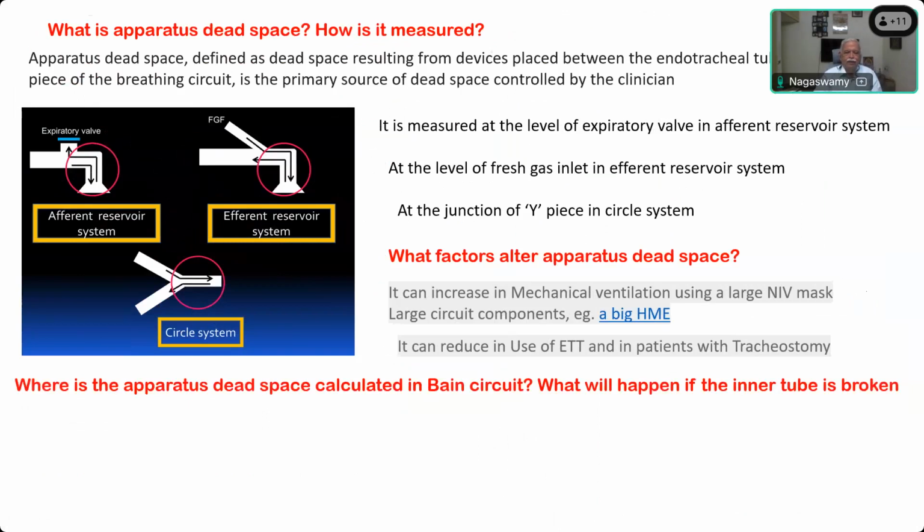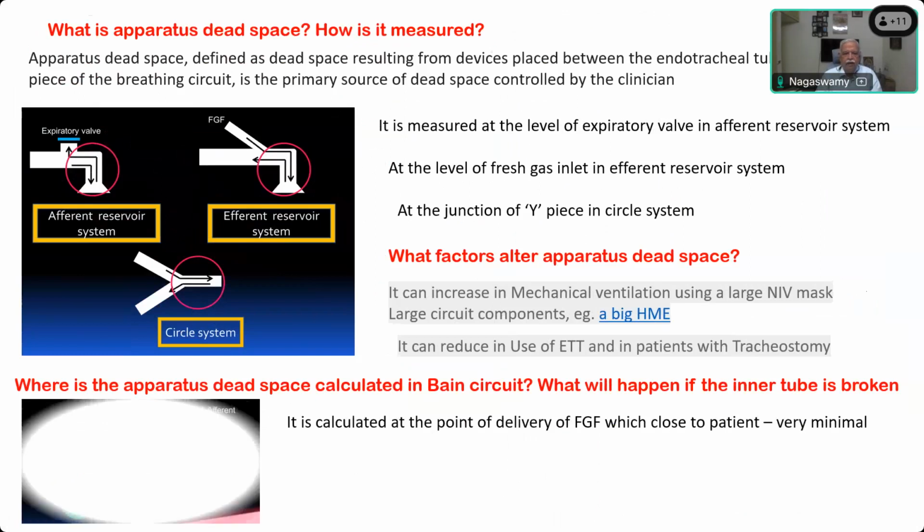So where should the dead space be? Where is the fresh gas flow delivered? Through the inner tube, which is at the end, close to the endotracheal tube or the face mask, whichever you are using. So it is calculated at the point of delivery of fresh gas flow, which is close to the patient. So it has very minimal apparatus dead space in the Bain circuit.